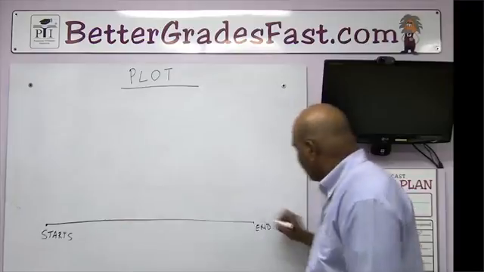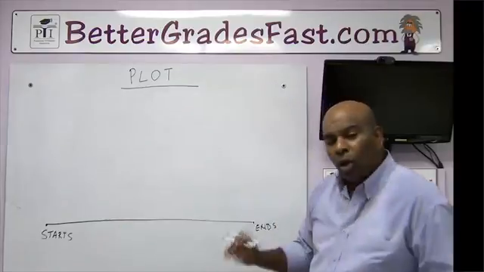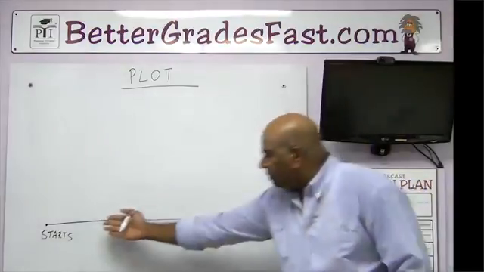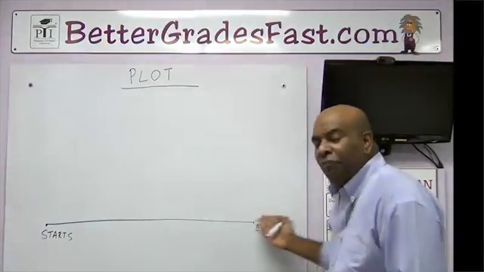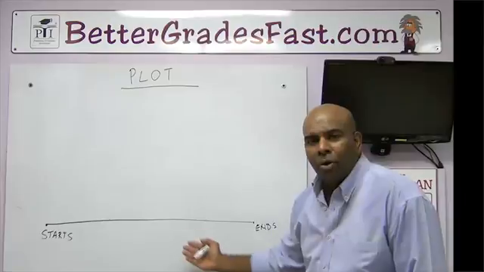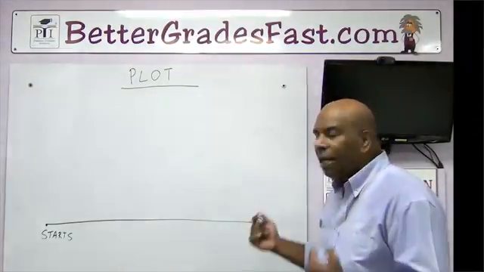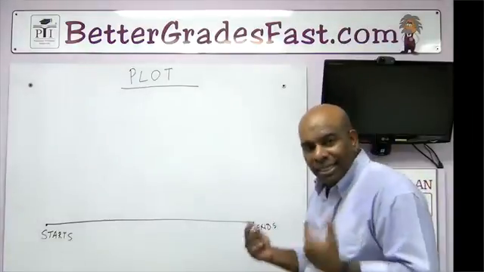So it starts, it ends. Now, along the way, we must have problems. We can't have a flat line, kids going in the forest, having a picnic and coming back home. No. We need to have major problems or incidents.